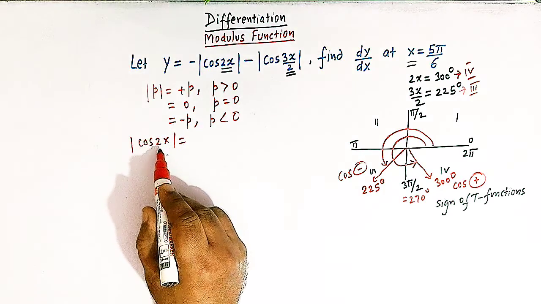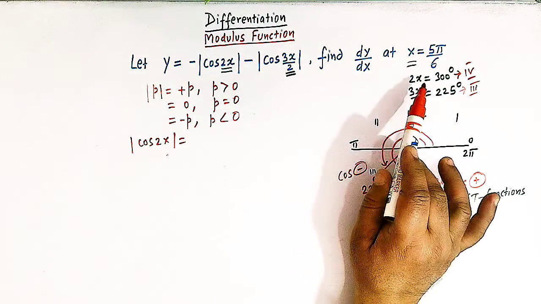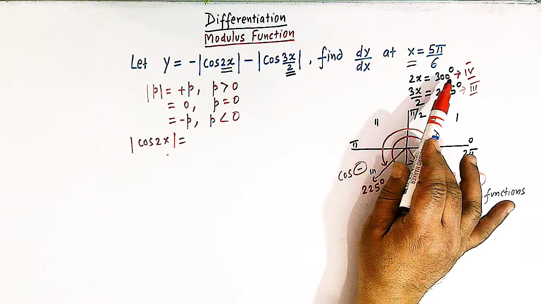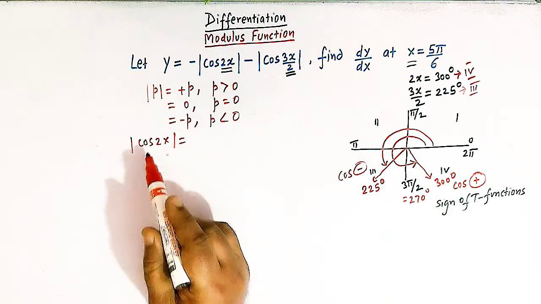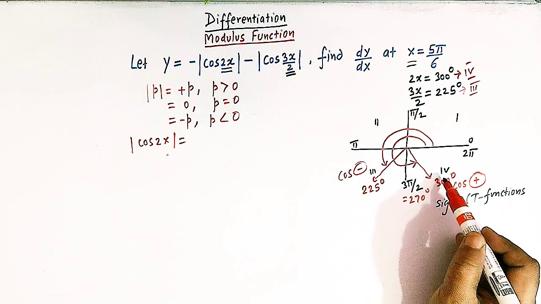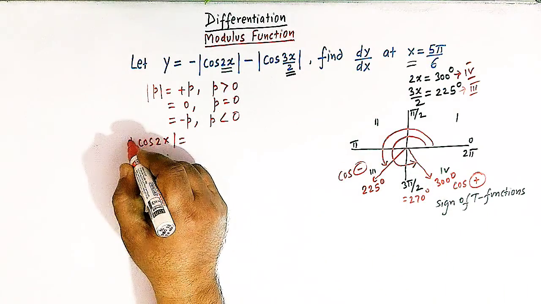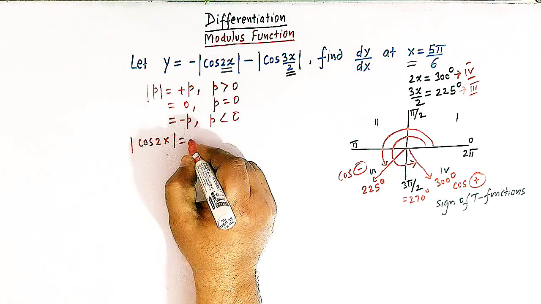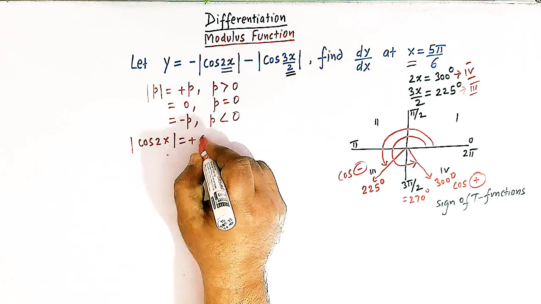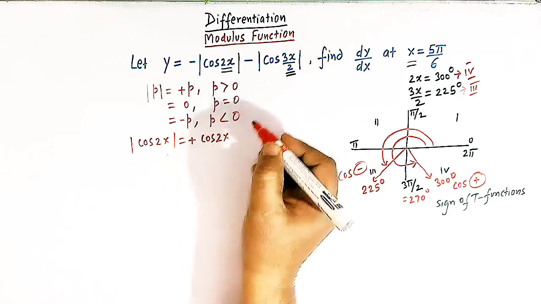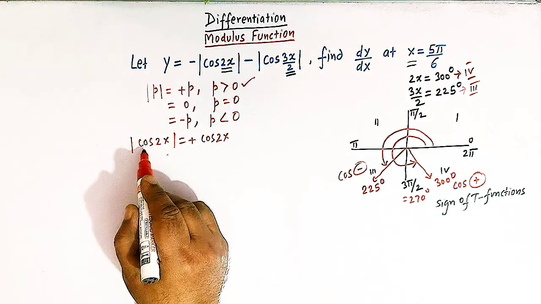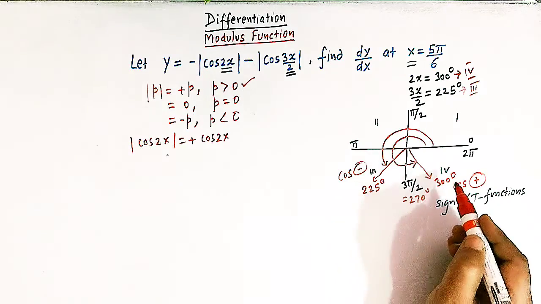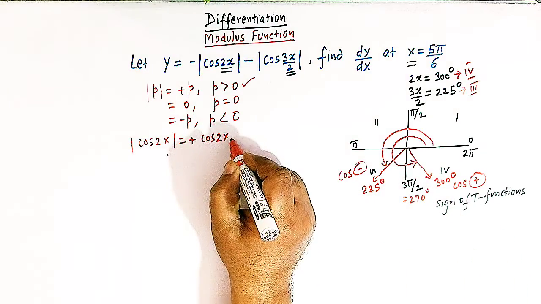Now see, this angle 2x is 300 degrees. So here we have the cosine function positive in the fourth quadrant. So we can now write mod of cos 2x as positive cos 2x by virtue of this definition, because cosine function is positive in the fourth quadrant, right?